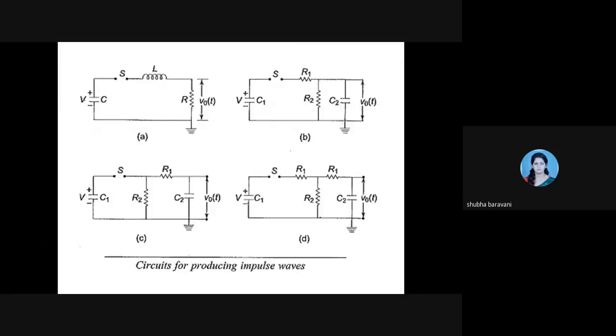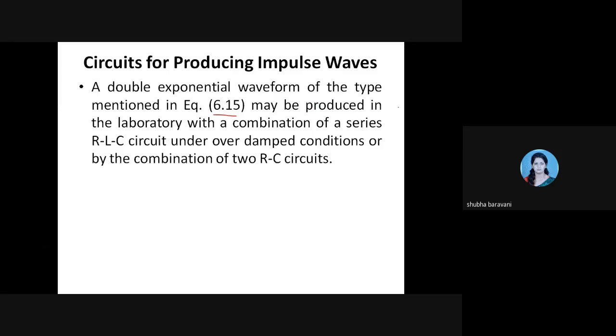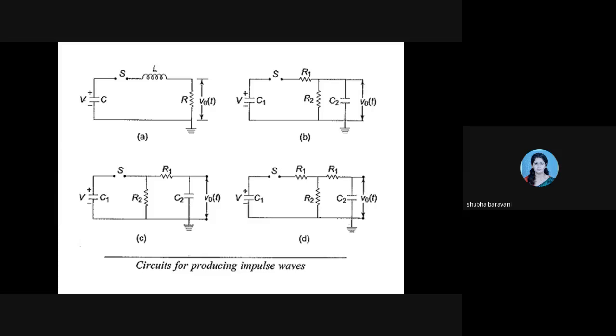A double exponential waveform may be produced in the laboratory with a combination of a series RLC circuit under over-damped conditions, or by the combination of two RC circuits. So basically there are four different circuits which can produce the impulse waves.